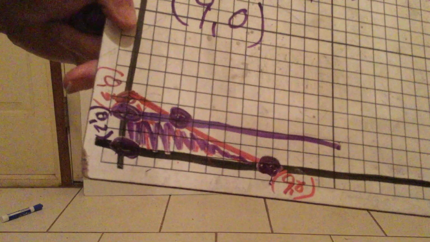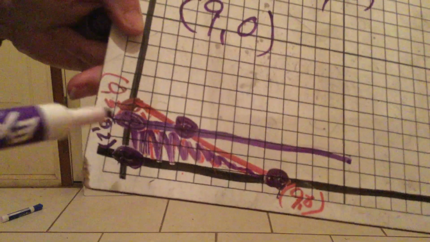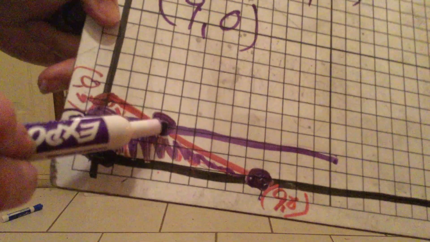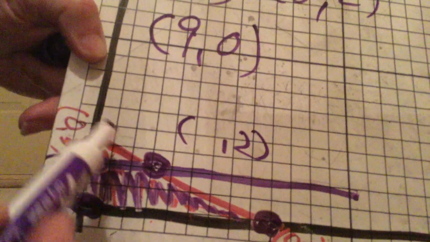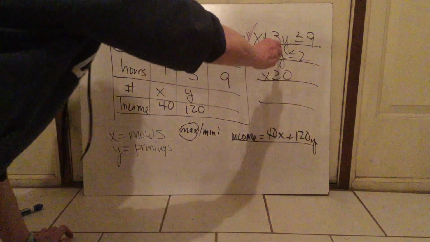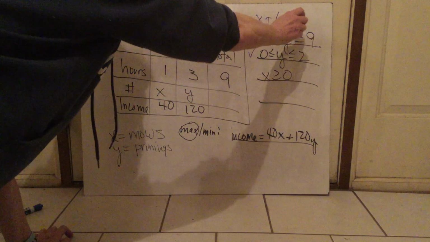All right, now look, what do we know about that line? That purple line across there is the line where y is 2. So that point has a y that's 2. What's its x? Well, I'm not sure, but it's on the red line. And on the red line, if y is 2, then x plus 6 equals 9.